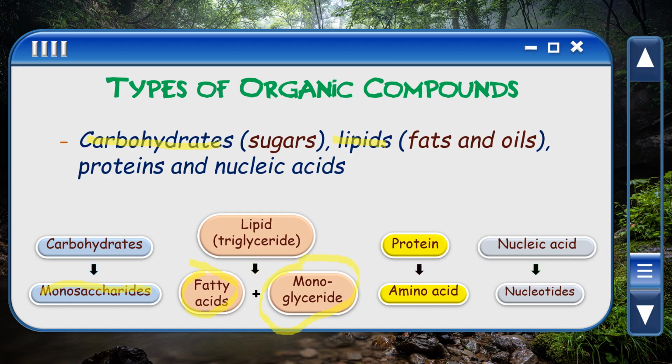And the lipids can be either fats or they can be oils. Then we have the proteins. Proteins are made up of amino acids. And lastly, we have the nucleic acids, which are made up of nucleotides. Those are the types of organic compounds that we have.